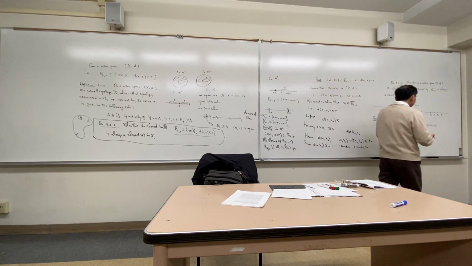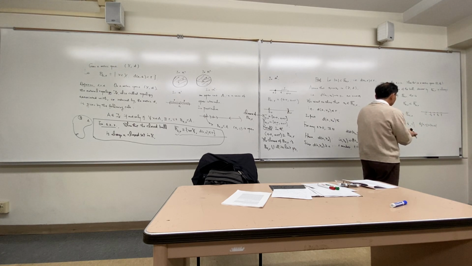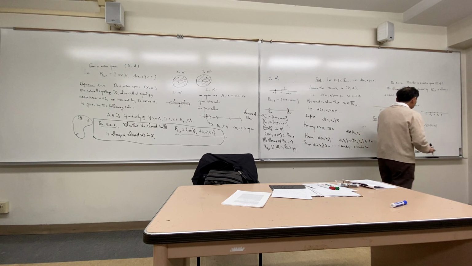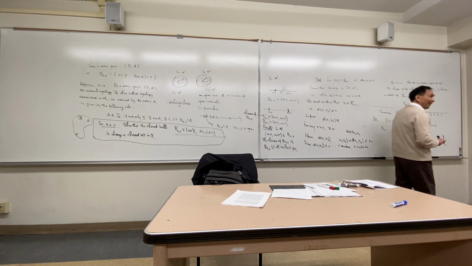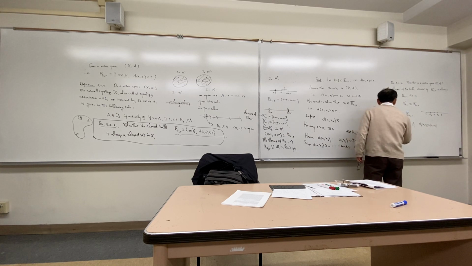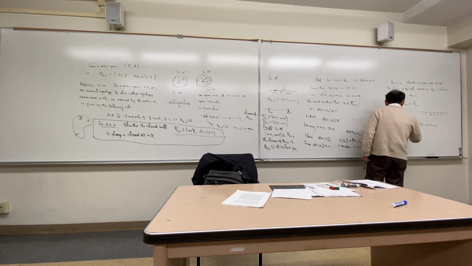Now the open ball. The points minus 1 and 1 are not in the open ball, since the distance is 1, and we need the distance less than 1. We have only 3 points, so the open ball consists of minus 1/2, 0, 1/2.